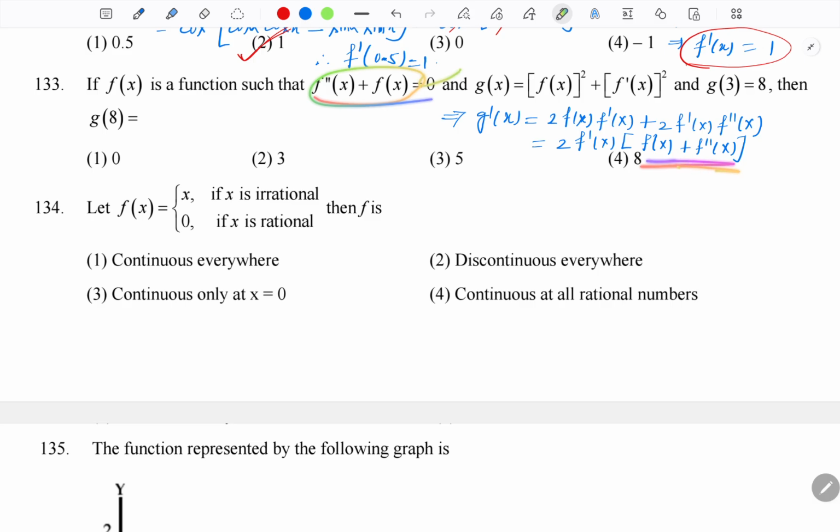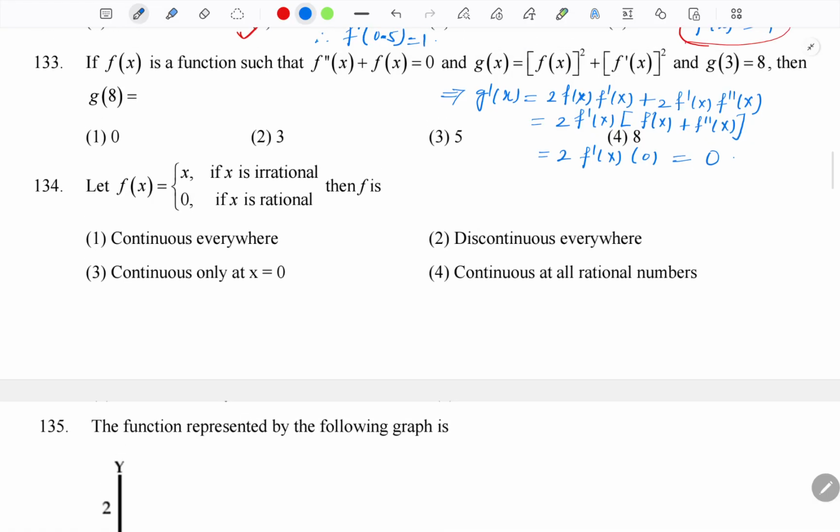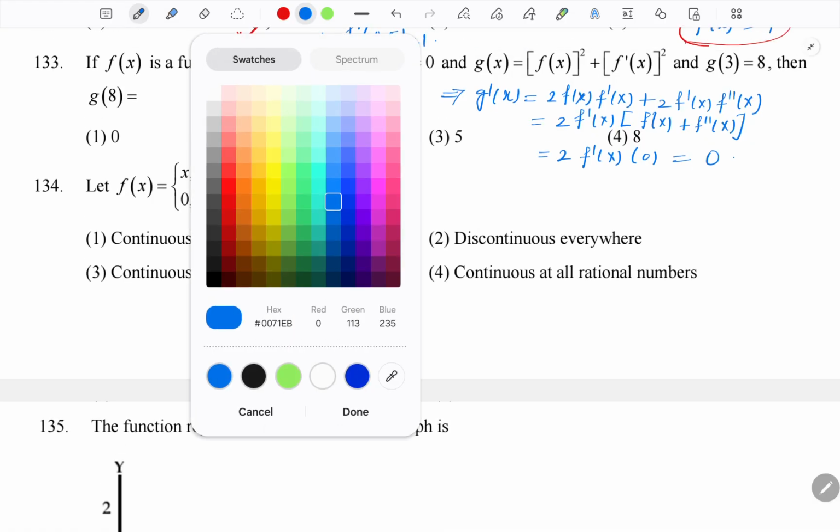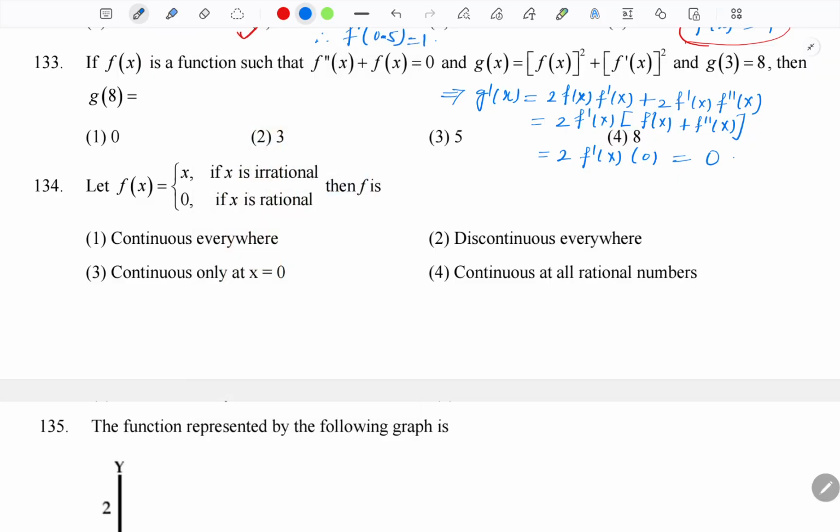How much is this one? 0. 0 into anything is 0, right? Substitute, then 2 times f dash of x times 0 is nothing but 0, right? Now finally what do we get here? g dash of x is equal to 0.